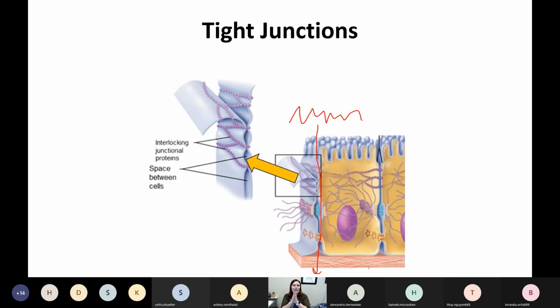Tight junctions anchor together the membranes. They make it so there's no space for water to move in and out. Again, I can't emphasize this enough because I'm promising you it's going to show up on the exam. I do not use keratin to build tight junctions. I do use keratin when I'm building desmosomes, but not these guys.